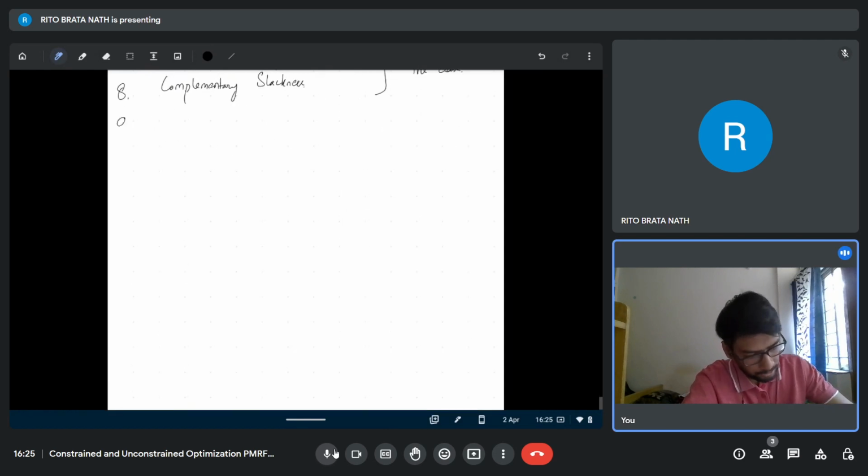Then the ninth problem is somewhat interesting, but I think the options might not be present. Check whether the options given are correct or not.